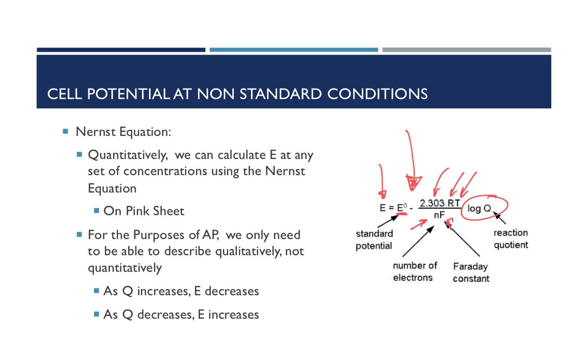So why is it on our pink sheet? Well, they like us to be able to use it to mathematically explain what's going on here. For the purposes of AP, we only need to describe it qualitatively, not quantitatively.